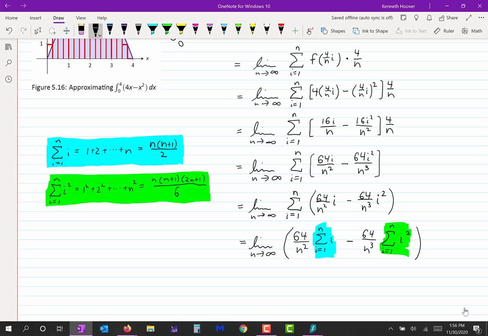And then it would make the problem start to become a lot easier. We would have the limit of 64 over n squared times n times n plus 1 over 2, minus 64 over n cubed times n times n plus 1 times 2n plus 1 over 6.